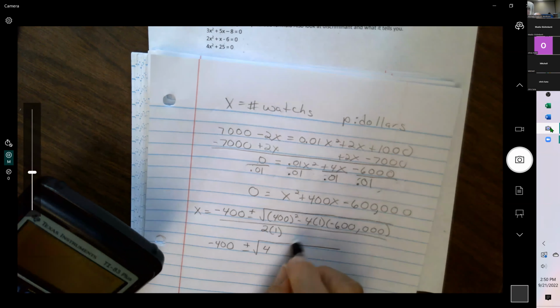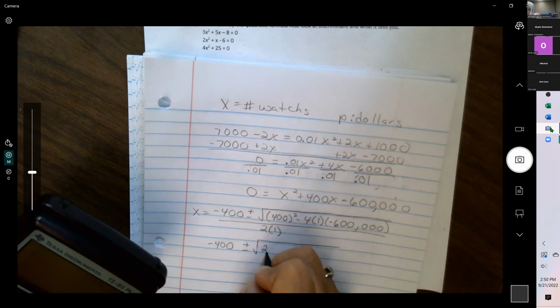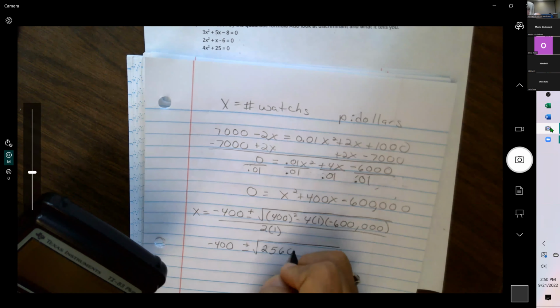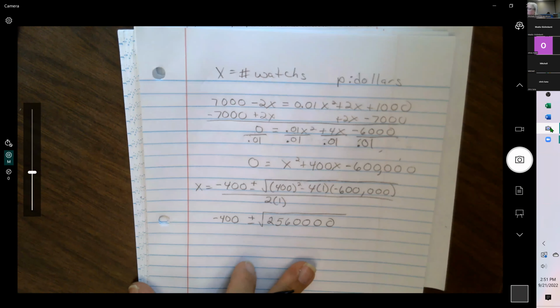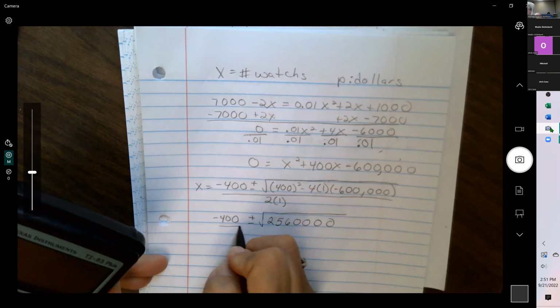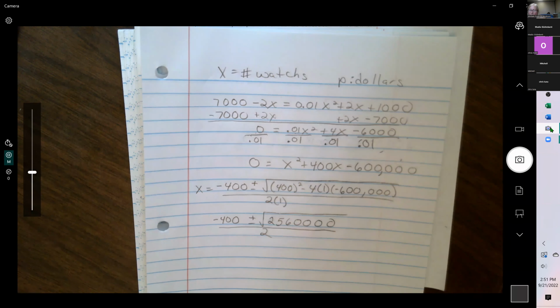All over 2. And take the square root of that.